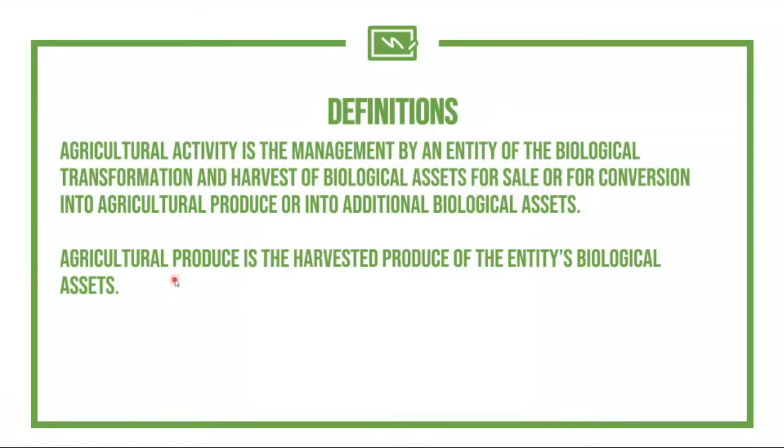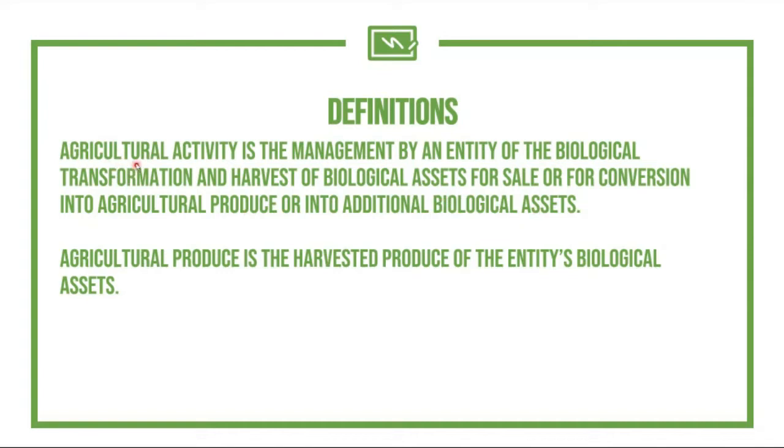So let us now proceed with the definitions. And actually, there are a lot of definitions provided for the standard. Let us first discuss the concept of agricultural activity. When you talk about agricultural activity, or basically agriculture, it pertains to the management by an entity of the biological transformation and harvest of biological assets for sale or for conversion into agricultural produce or into additional biological assets.